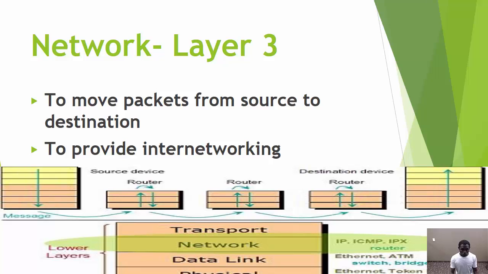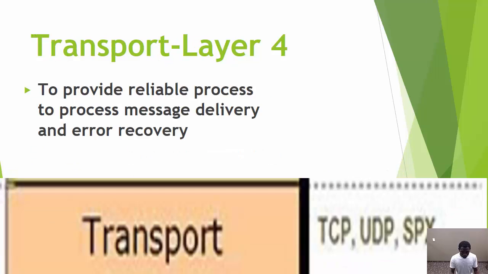Now I'll talk about the fourth layer, which is transport. Transport ensures that messages are delivered error free, and the transport is the most important layer. This layer has the ability to perform error detection.